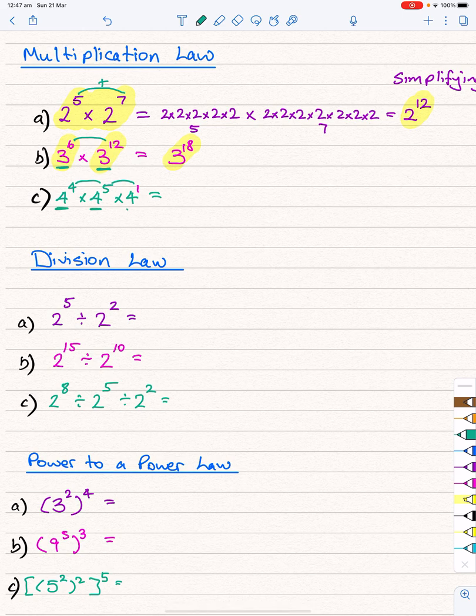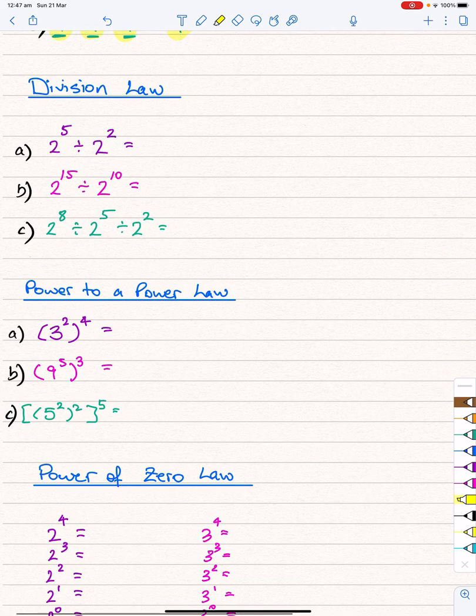So the base stays the same. My answer will have a 4 in the base, and my power will be 4 plus 5 plus 1, which is 10. Now, three indices that are being multiplied together can be written much more simply as one single index just by adding the powers. That is the multiplication law.